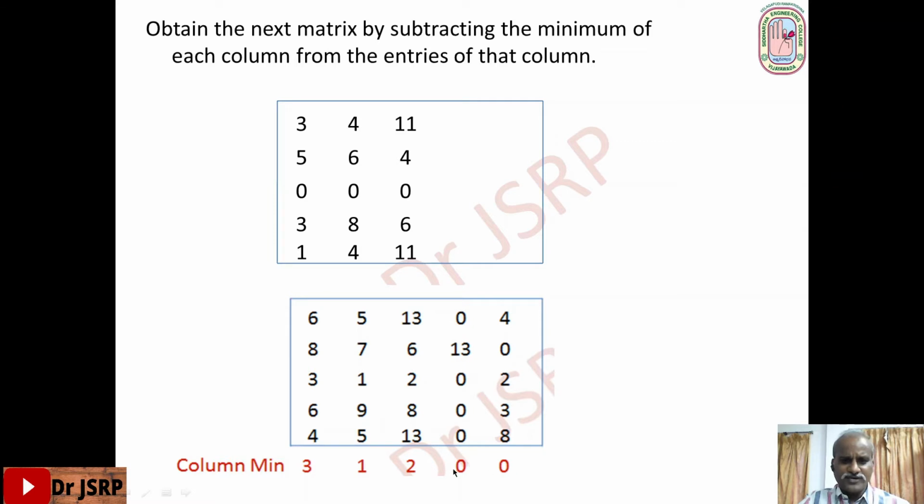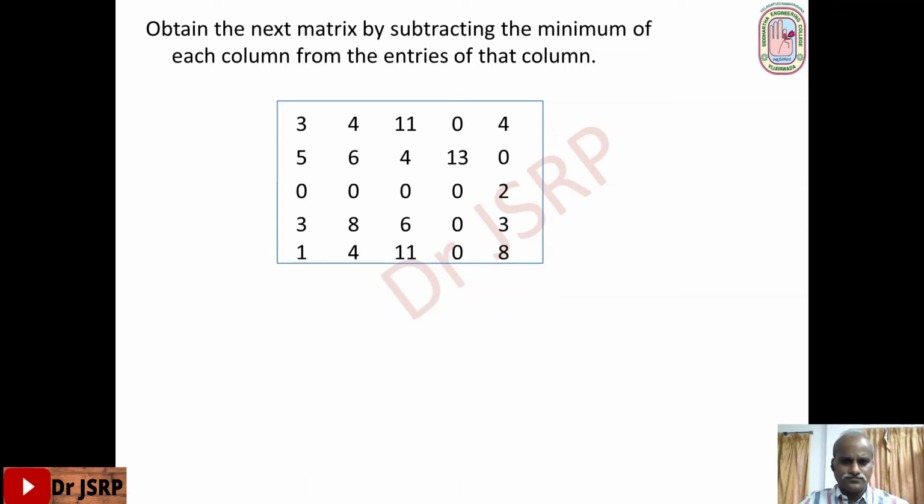And subtract 0 from fourth column and 0 from fifth column. So they remain the same. Okay. Right. So this matrix gives possible assignments for jobs as well as possible assignments for persons. Okay. So the 0 entries represent possible assignments.